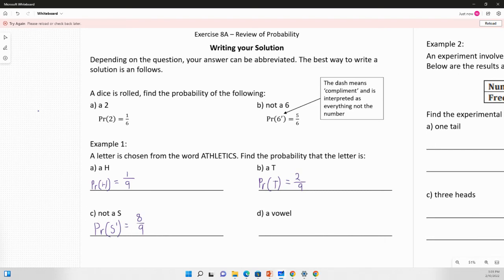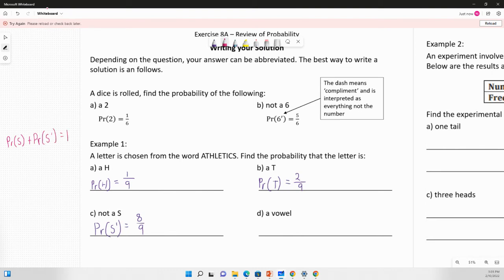Now, something to think about here, the probability of getting an S and the probability of not getting an S has to add up to 1, right?